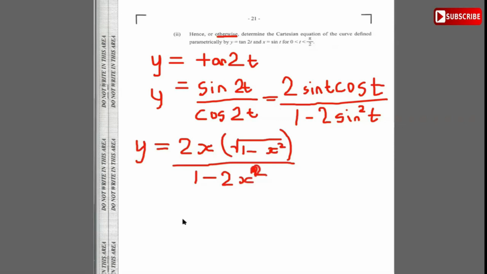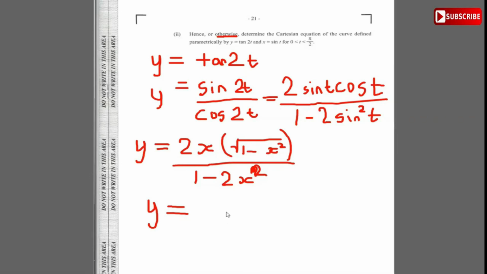Can I simplify this? Yes, I can. I'll leave it like that.